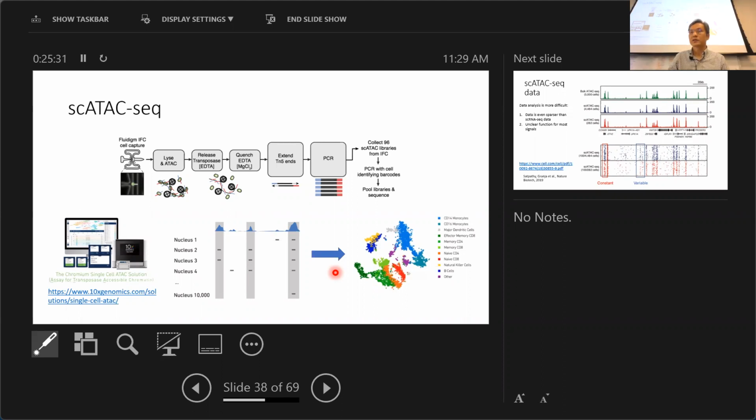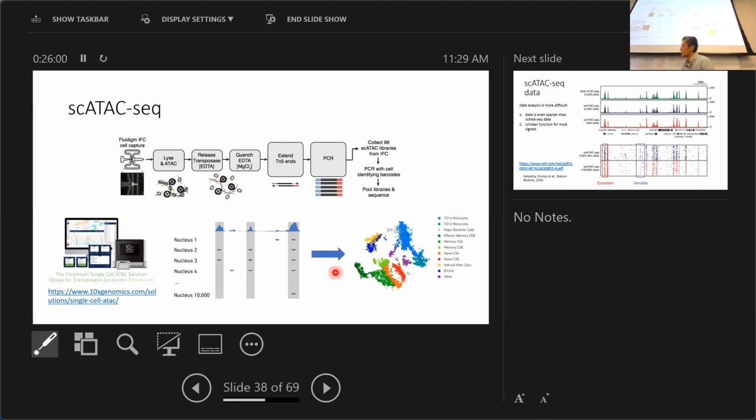Remember, these two different data sets are generated from the same process, the same sample, although they are not the same cells, not the same nuclei. You can apply manifold alignment to align the single cell gene expression profile of a cell against the cell which has corresponding peaks.